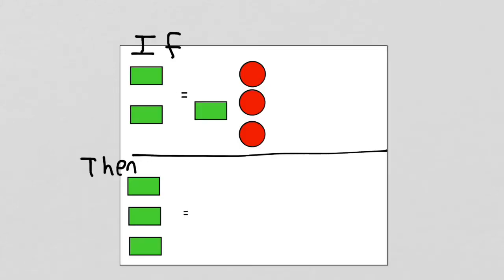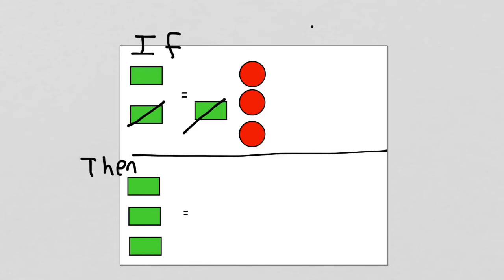Okay, if two green rectangles equals a green rectangle and three red circles, then what do three green rectangles equal? Well, once again, let's find what's the same on both sides of the equal sign. I can cancel off one green rectangle from both sides.